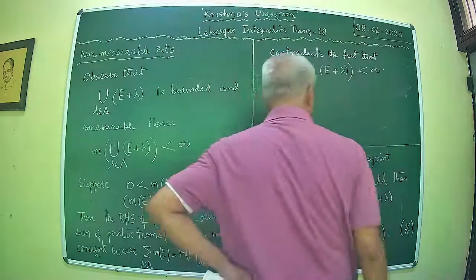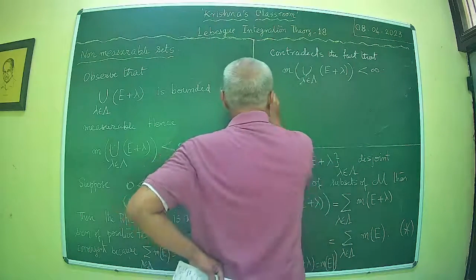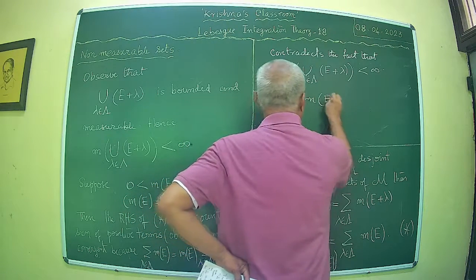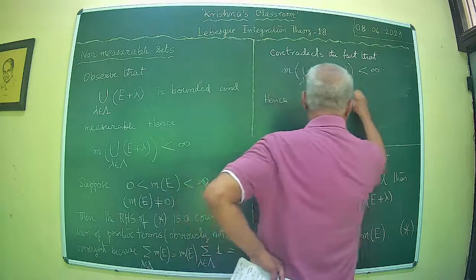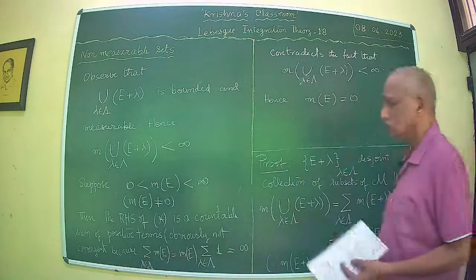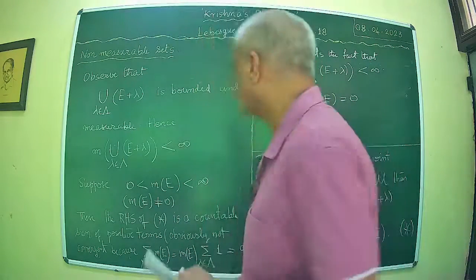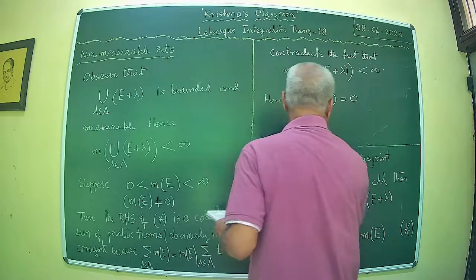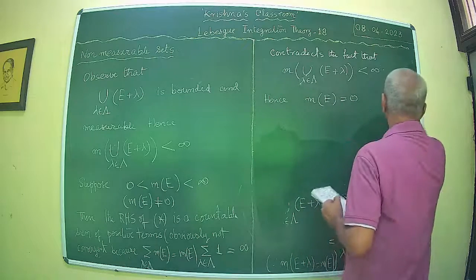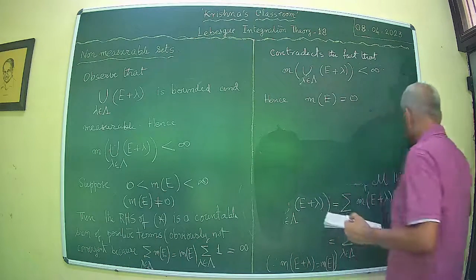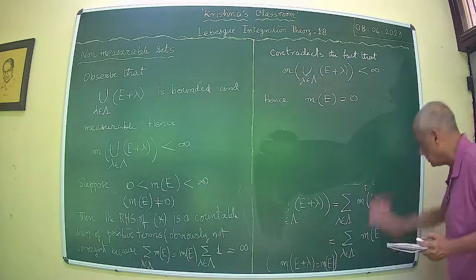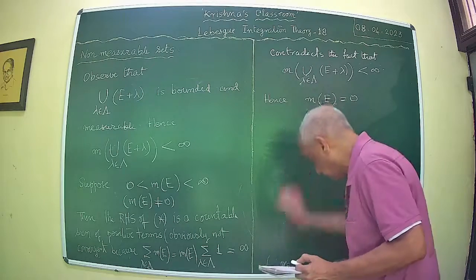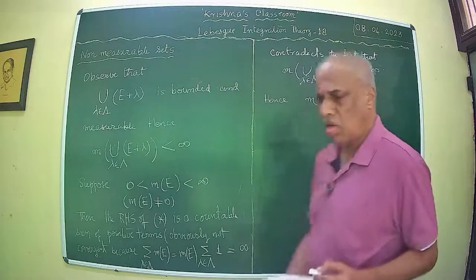So that's a contradiction. Hence, measure of E is equal to 0. So that completes the proof of that. So we shall use this result somewhere. Okay, where we shall use it, you will see soon. It comes very handy in the construction of the non-measurable set.